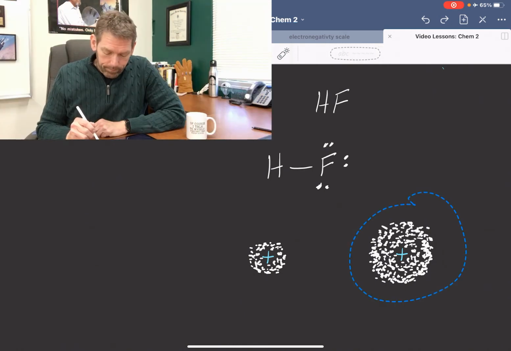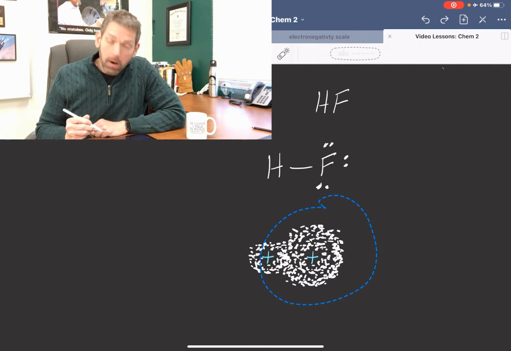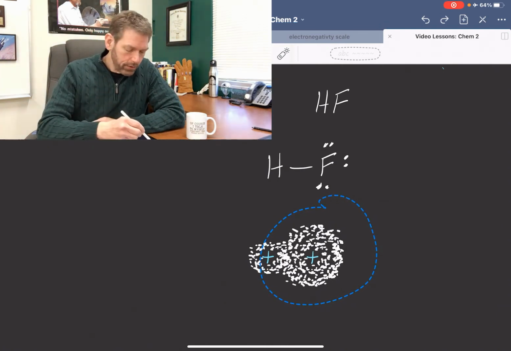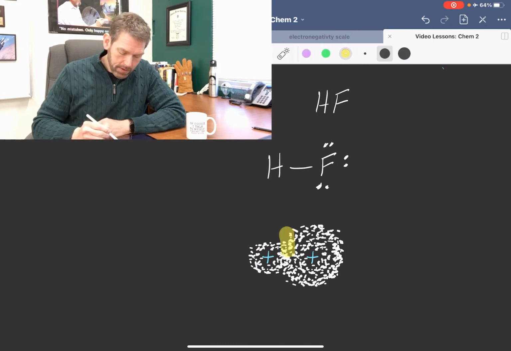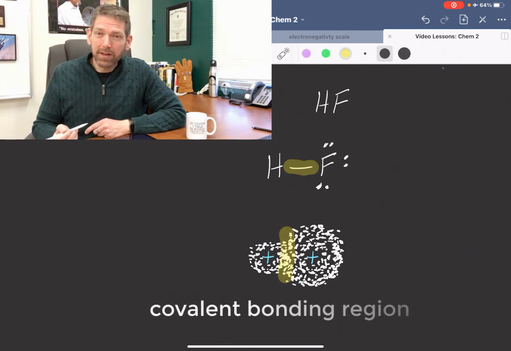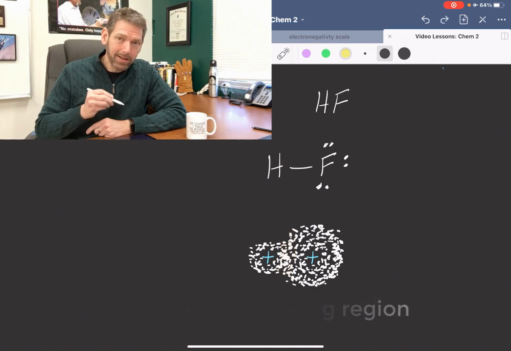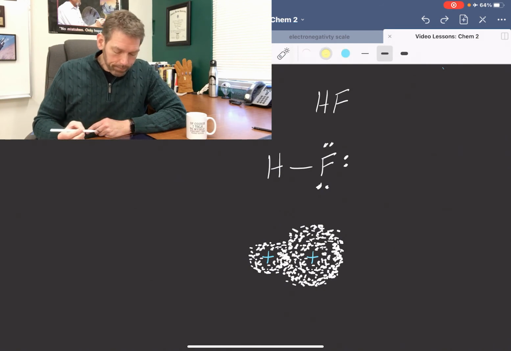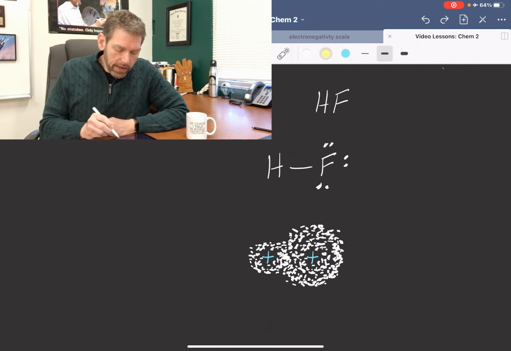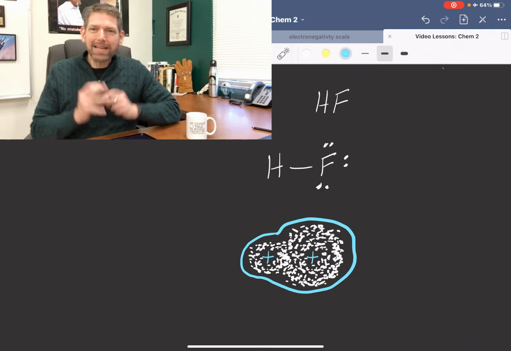So that means these atoms are attracted to each other, and we can see right there, that region of space is the same as that. But through this electron density model, we can see what looks like some asymmetry to it.